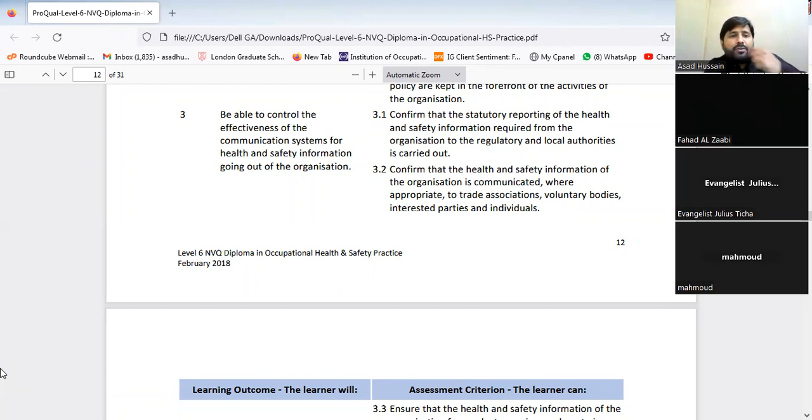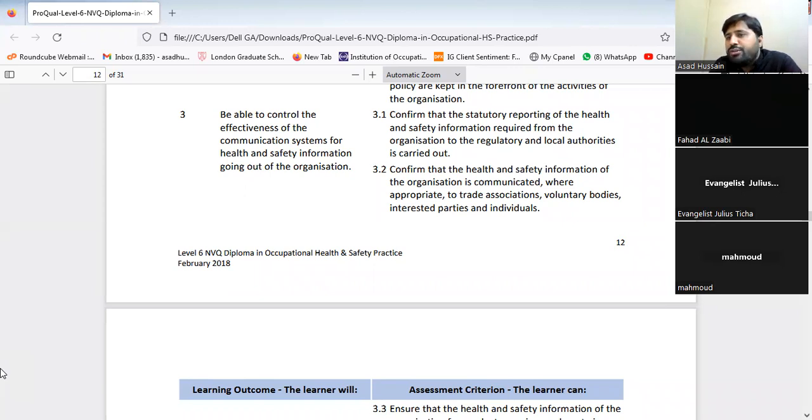You can say that you have developed some communication system for outgoing information, but you should have a proper control of what type of information can be shared externally, so that it is effectively helping them, not just giving them trivial information and not giving them the vital, or appropriate, information.